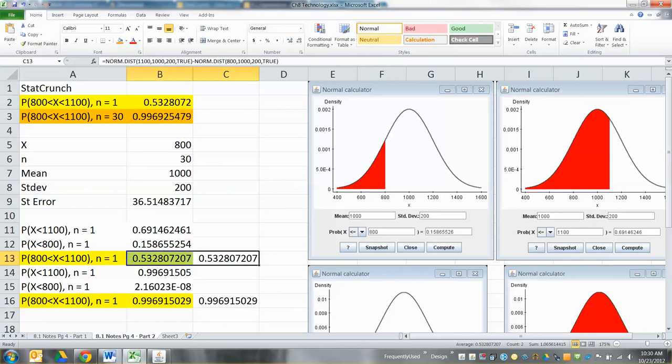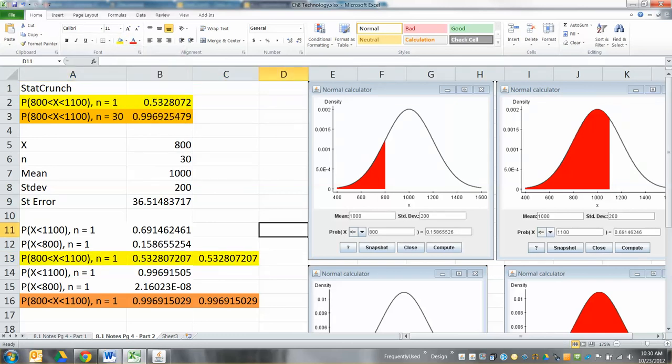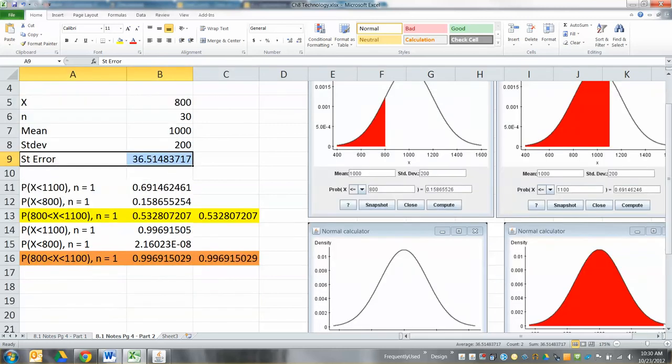Same answers we found above. So if you want to do it all at once, that's fine. If you want to separate it, whatever, it's all good. But now we know how to find it with both StatCrunch and with Excel. And again, you don't have to do this intermediate stuff, but I think it's helpful, especially for finding the standard error, to kind of have it in a cell that I can just refer to.